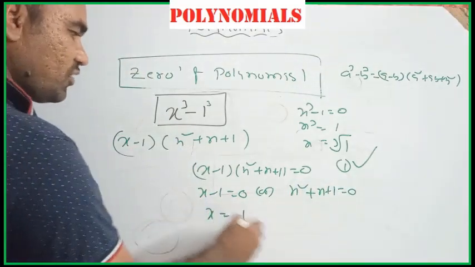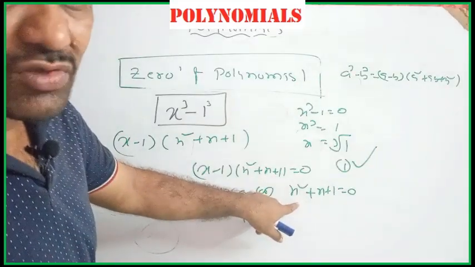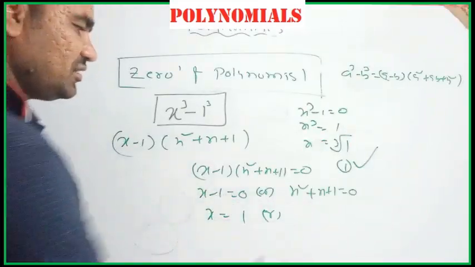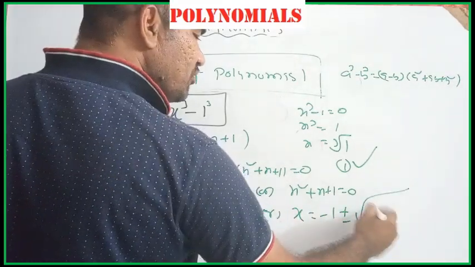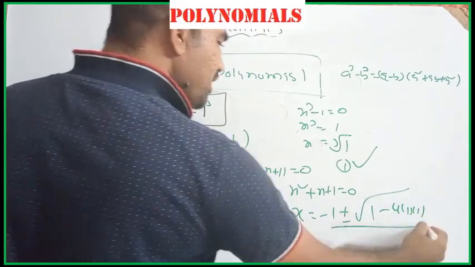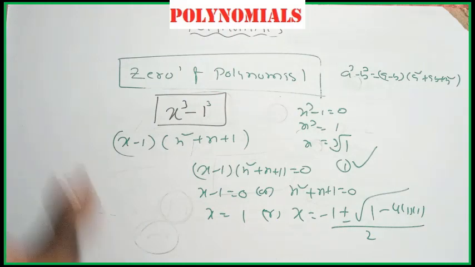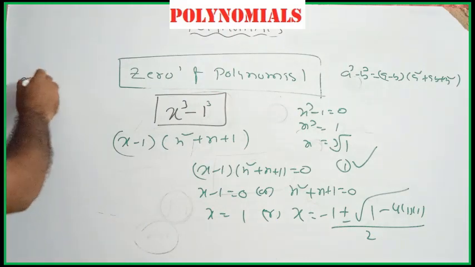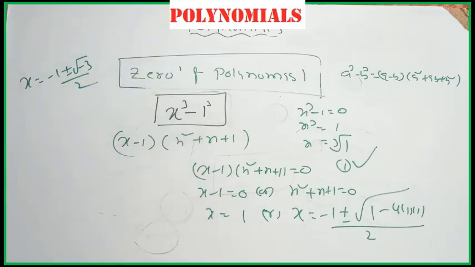So x is equal to 1 or the roots of the quadratic. You know how to solve a quadratic by using the formula x equal to minus b plus or minus root over b square minus 4ac, by 2a, with a equal to 1, b equal to 1, c equal to 1. So what happened here? I can write x is equal to minus 1 plus or minus root over minus 3 by 2.